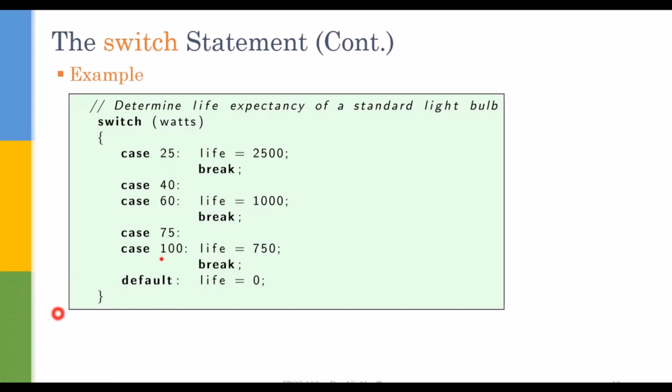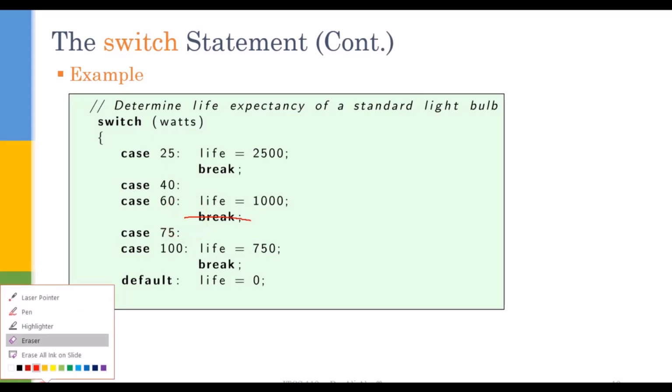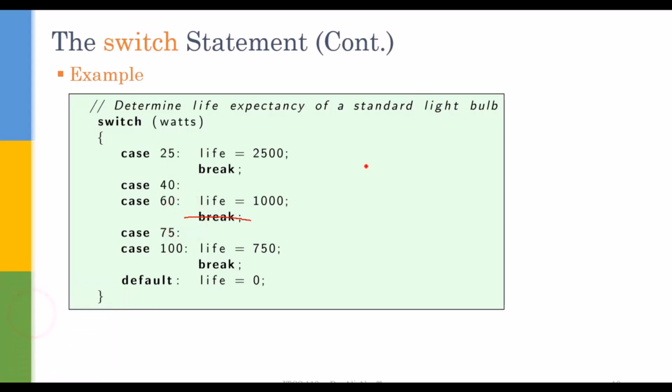Now, imagine this break does not exist. If the wattage is 40, what will happen? The computer will check for 25. It is not equal to 40. We will check for 40, it is not 40.